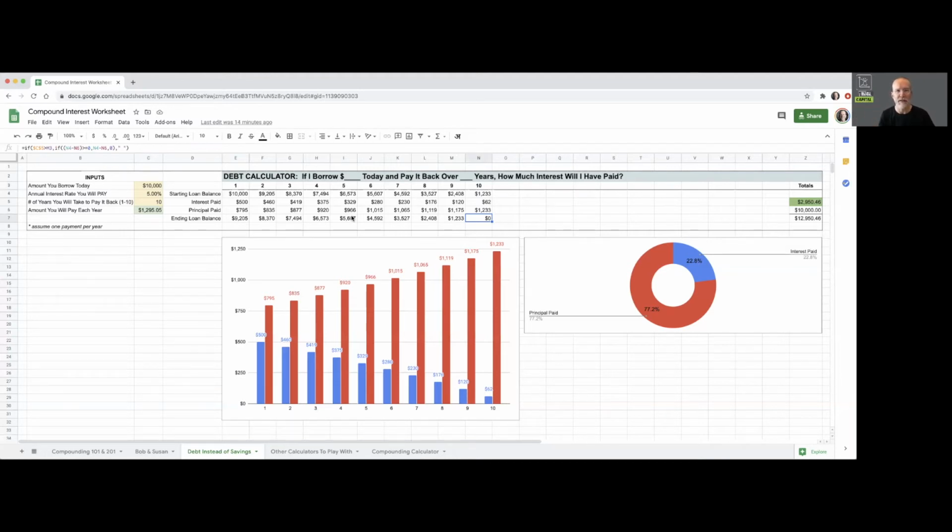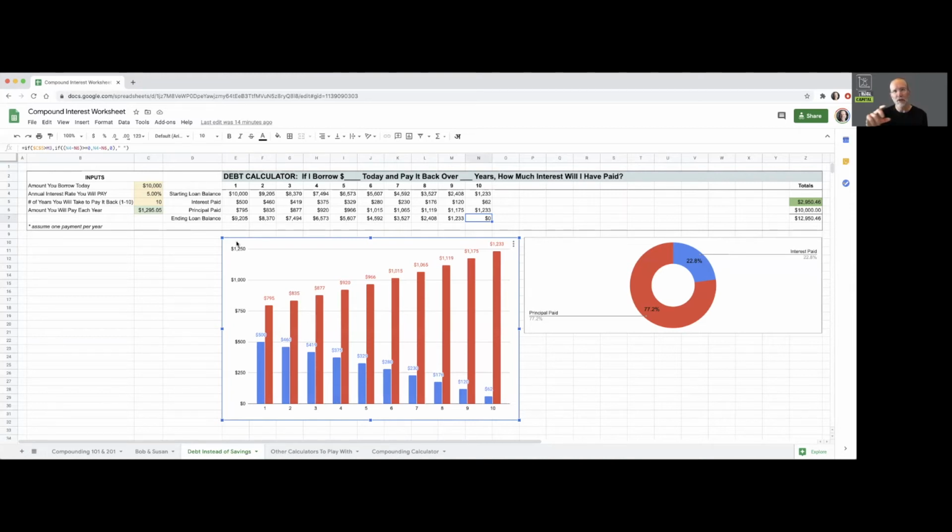$1295 every year. And what you can see right off the bat is what's shown down here in this column graph, which is that although you're paying $1295 every year, and some is going to interest and some is going to principal, the ratio of interest to principal paid changes every year. And in a typical amortization table, you will pay more interest at the beginning and less principal.